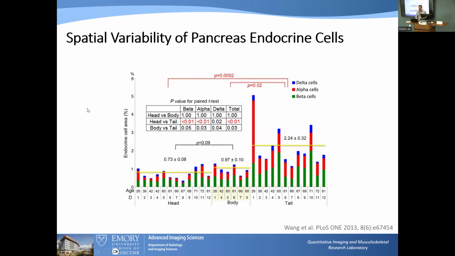Furthermore, when we think about what a lot of these more sophisticated, high volume studies of cell counts through the length of the pancreas show, this is a beautiful study that shows cell counts of delta, alpha, and beta cells in different subjects in the head, body, and tail of the pancreas, and the tremendous amount of variability there is within individuals as well as within different anatomic regions.